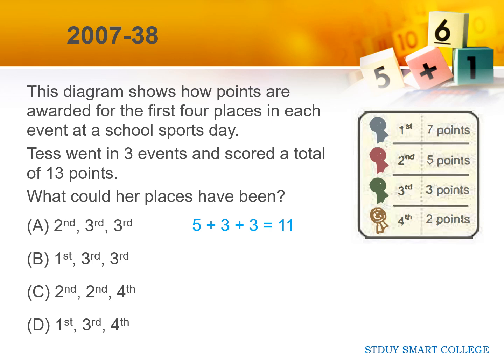Option B, 1 first and 2 third, which means 7 adds 3 and 3 equals 13. Option C, 2 second and 1 fourth, which means 5 adds 5 and 2 equals 12. Option D, 1 first, 1 third and 1 fourth, which means 7 adds 3 and 2 equals 12. Hence choose B.